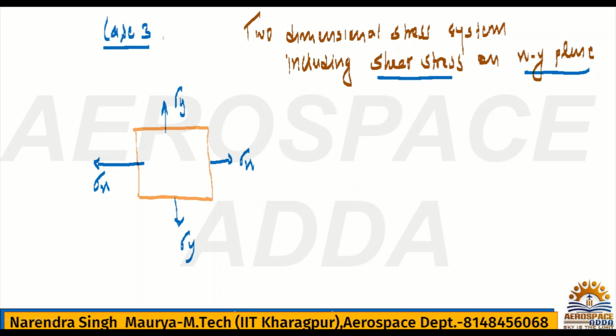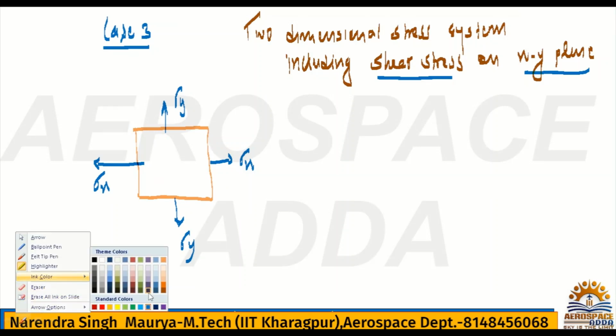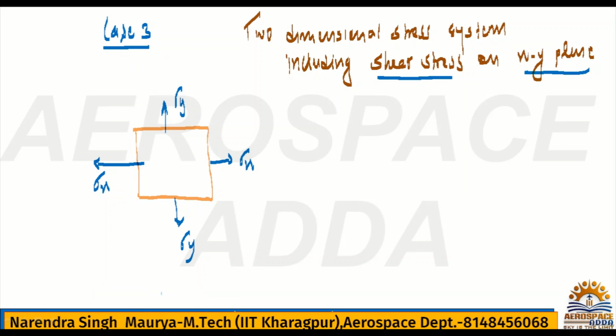In case 2, it was only two-dimensional stress system and there was only sigma x and sigma y. Now we are considering the shear stress also on XY plane. So obviously this is the XY plane.